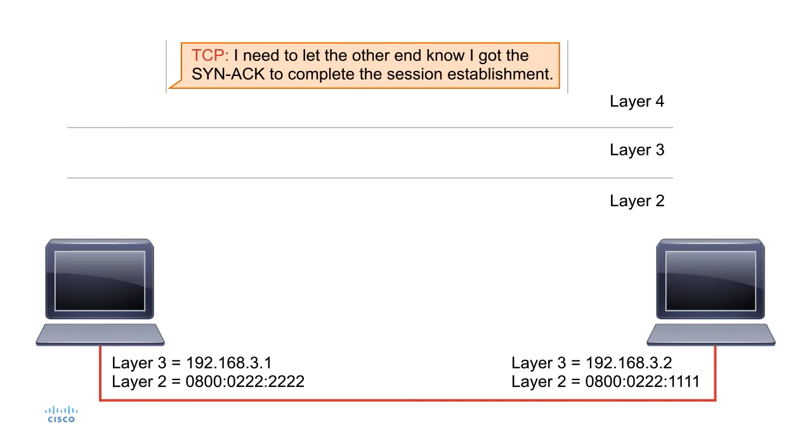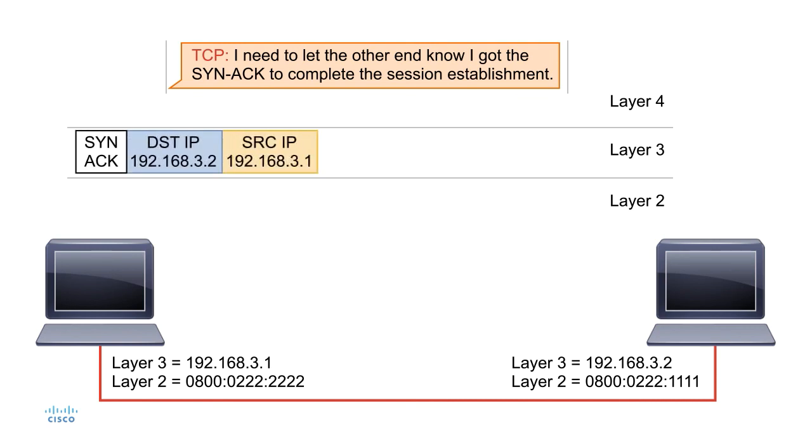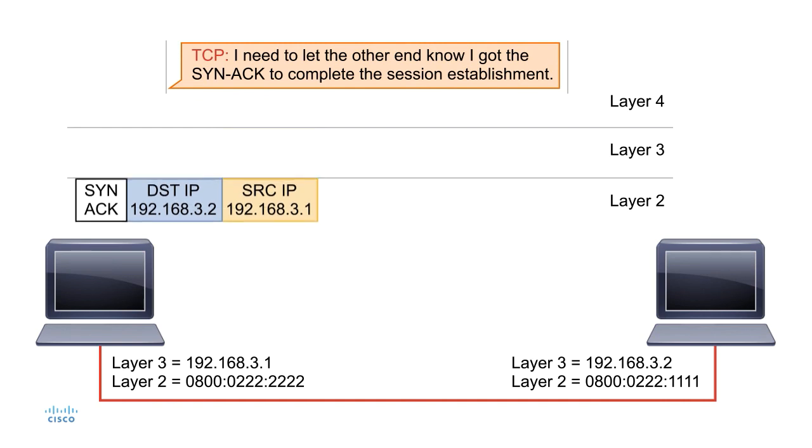So now TCP creates an ACK that is going to go back to 3.2, passes it down to the network layer, which adds the layer 3 header with source and destination IP. Layer 3 passes that down. Hey, data link layer, I need to send this.